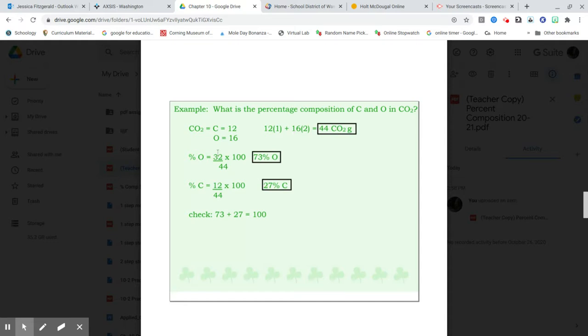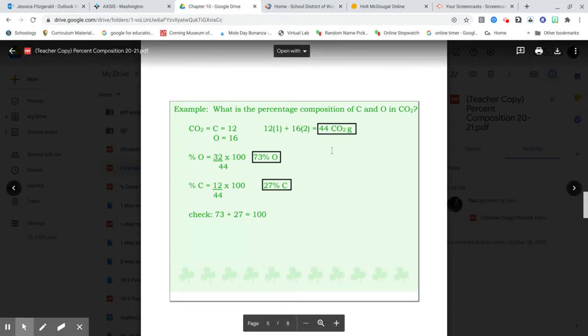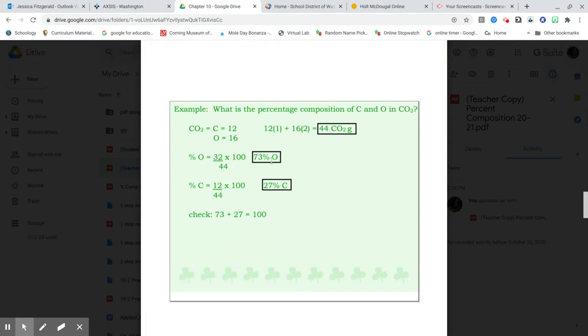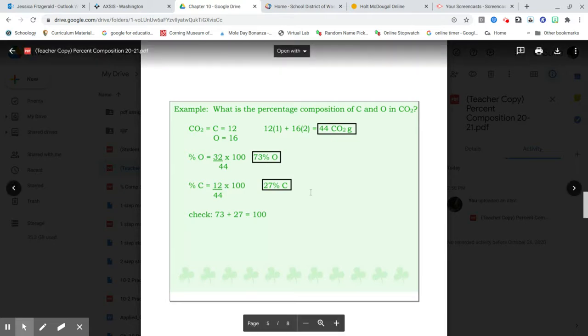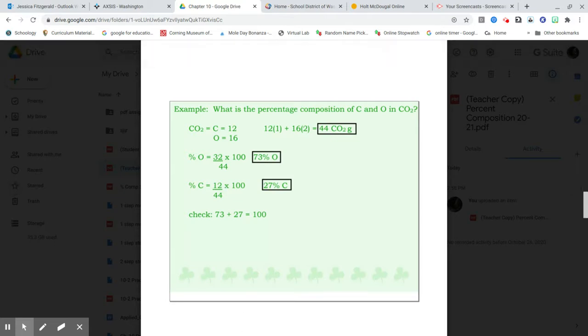I use my total mass of my oxygen. So since I have 16 times 2 gives me 32, divided by the mass of the compound, which is 44, times 100, and I get 73. For carbon, I look at my mass is 12. The mass of the compound I said was 44, so 12 divided by 44 times 100, and my answer is 27%.